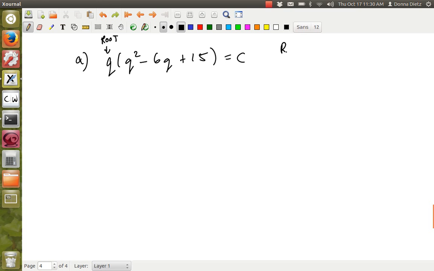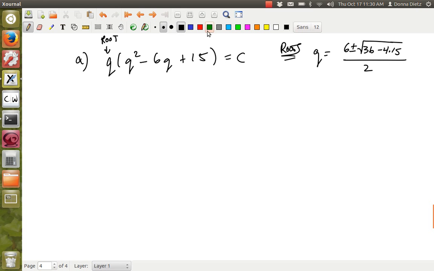Well, the remaining roots are going to be q is equal to negative b, so here is b in the quadratic formula, right? So it's negative b plus or minus the square root of b squared minus 4ac all over 2a.